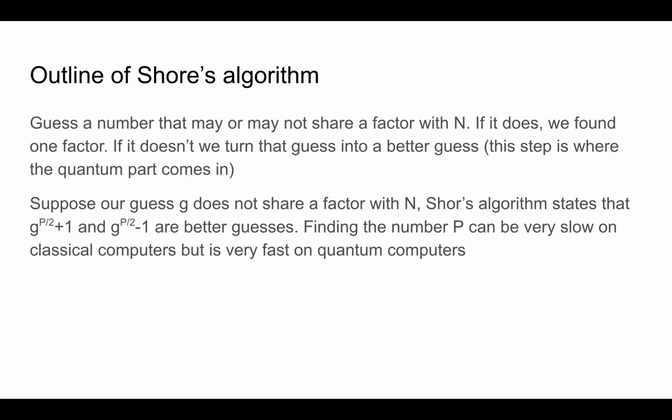Specifically, if the GCD between two numbers is 1, that means they are co-prime, which means they do not share a factor. If the GCD on the other hand is greater than 1, that means the two numbers share a common factor.